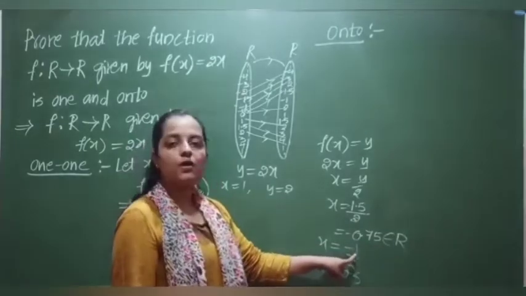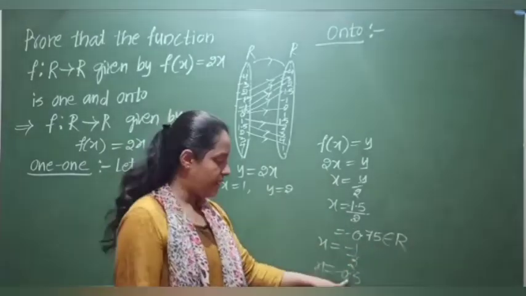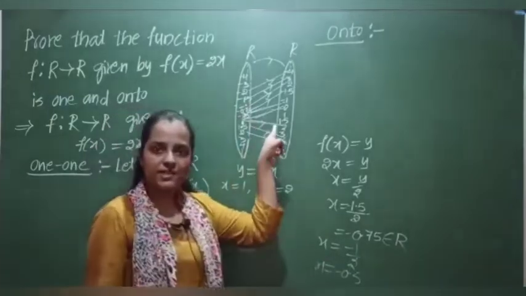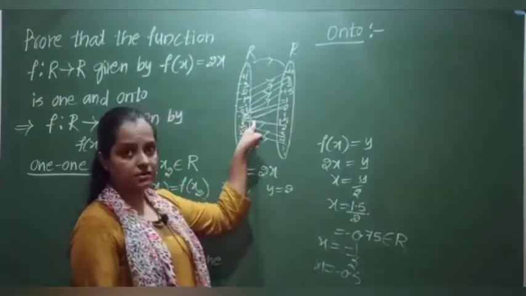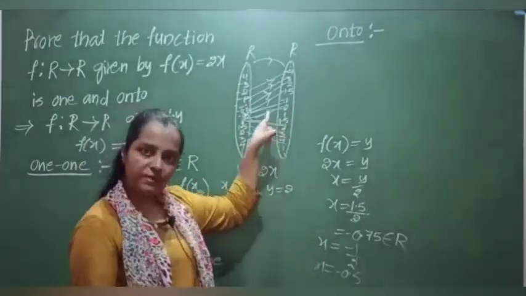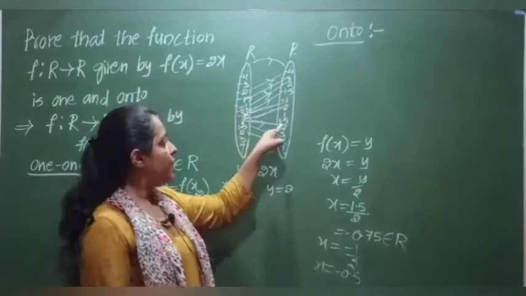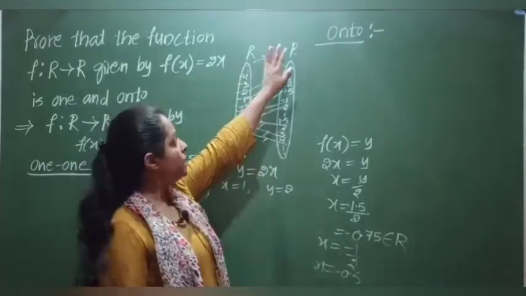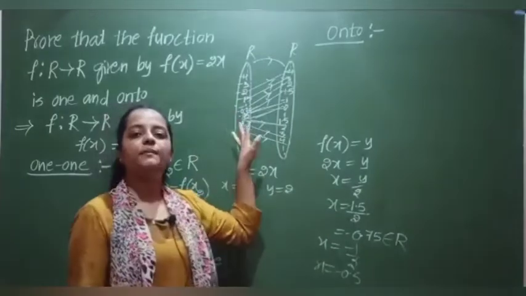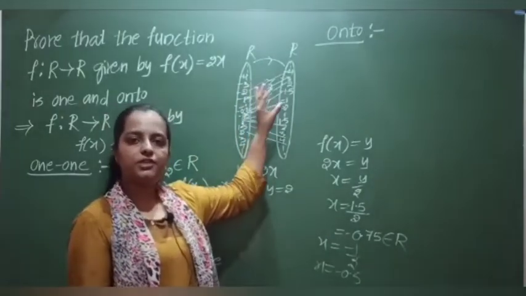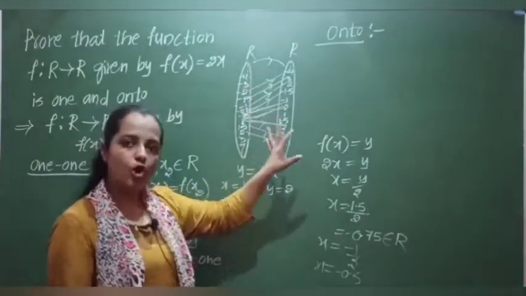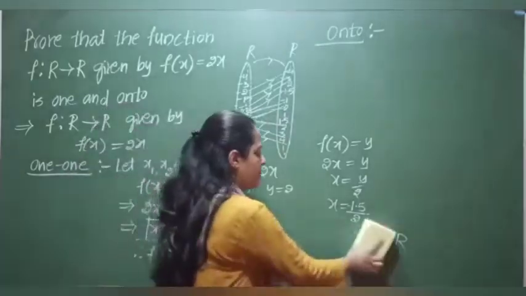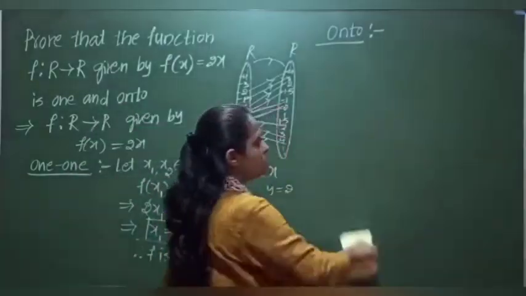For 1 a pre-image exists, for 0 a pre-image exists, that is 0, and for 1.5 a pre-image exists, that is 0.75. For 2 a pre-image exists too. For all the elements there exists a pre-image in the domain, therefore this is an onto function.